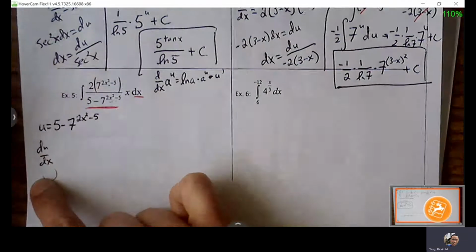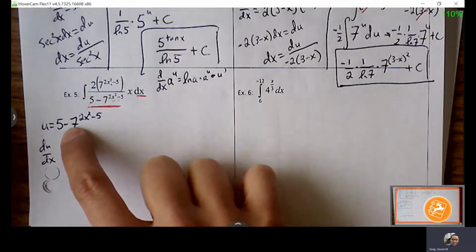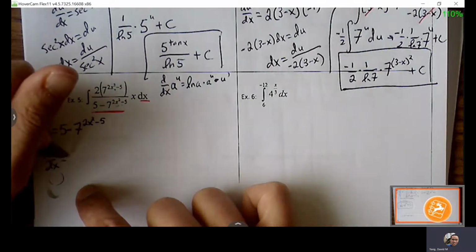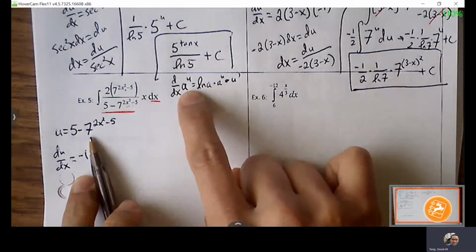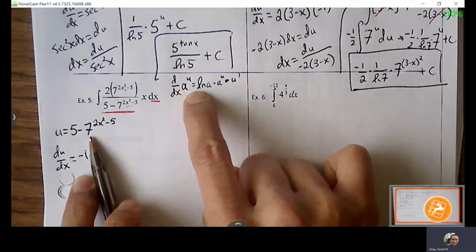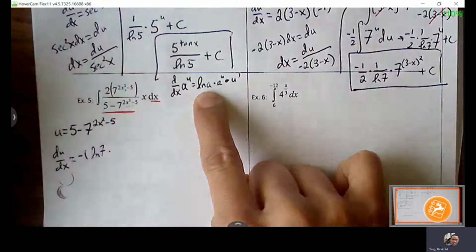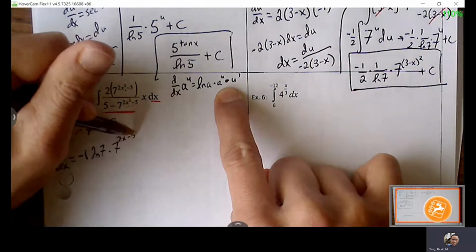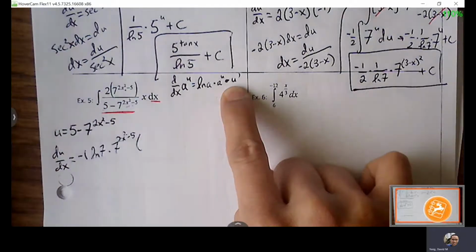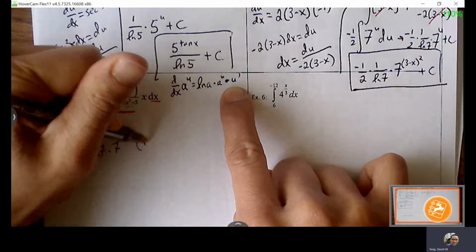Du dx, we know the 5 goes away to 0. The negative, think of that as a -1. All right, so -1 is going to stay, and then we jump into our rule. 7 is our base a, so natural log of 7 times the original function times the exponent's derivative. So 2x squared minus 5 becomes what? 4x.